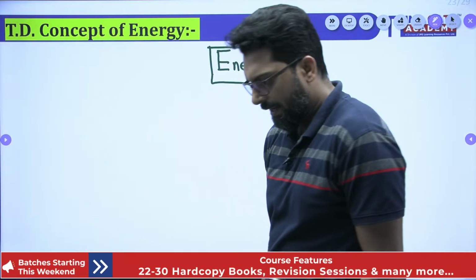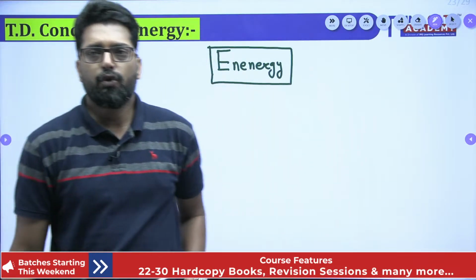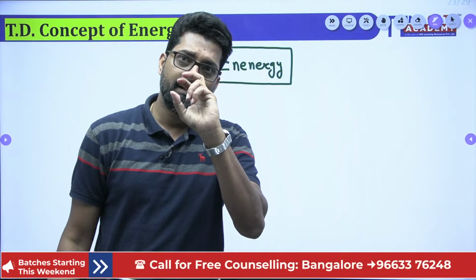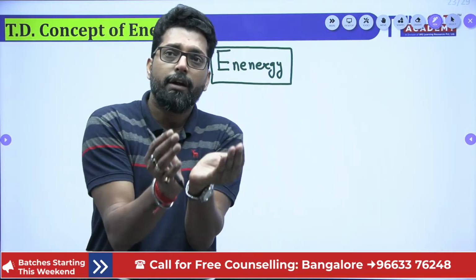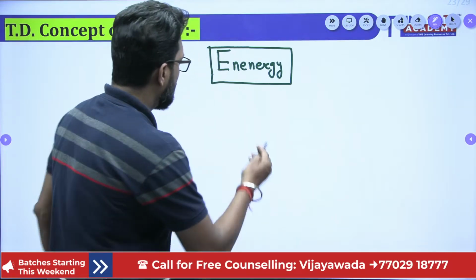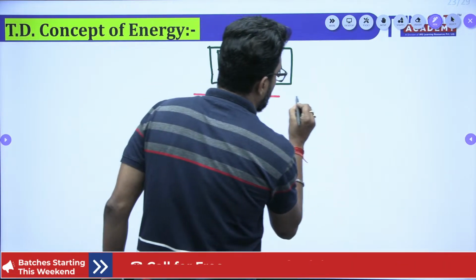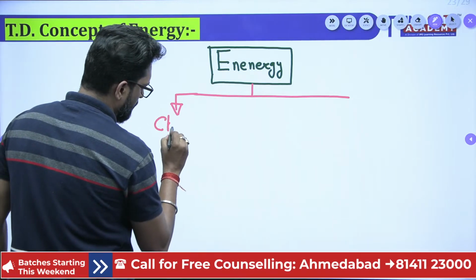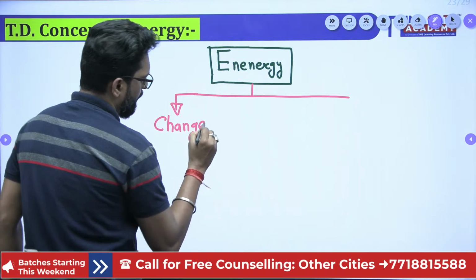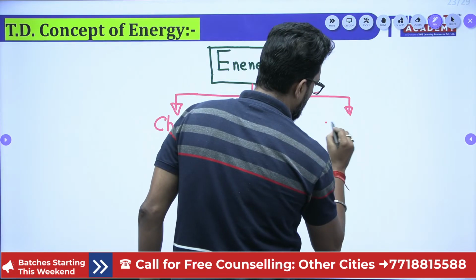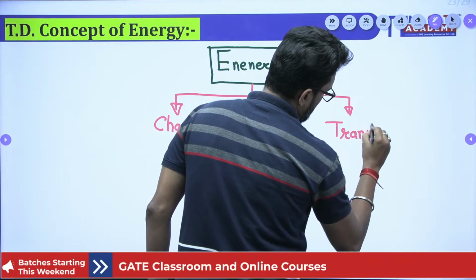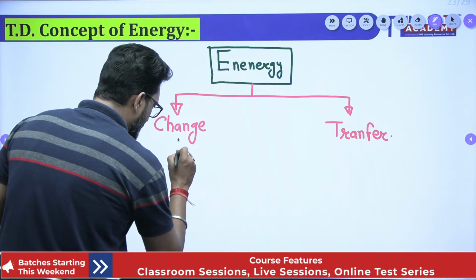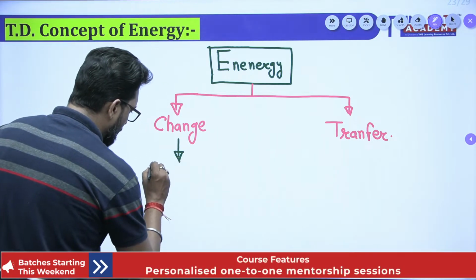According to thermodynamics, there are two types of energy. One is the energy that is stored. That means these have two natures. First is change. Second is transfer. If we take change, there must be a property.